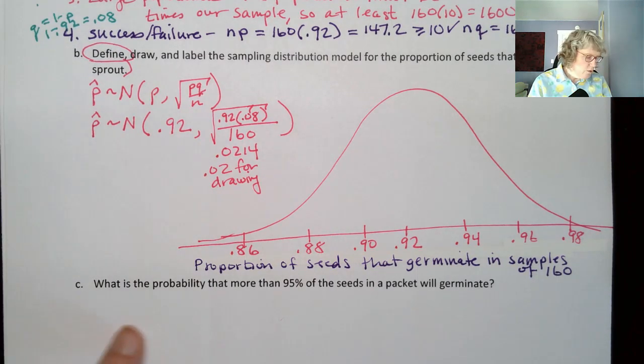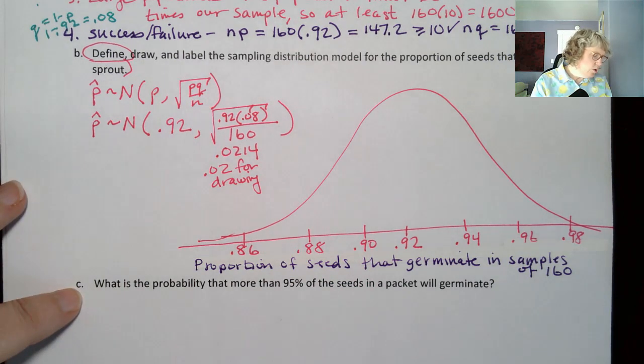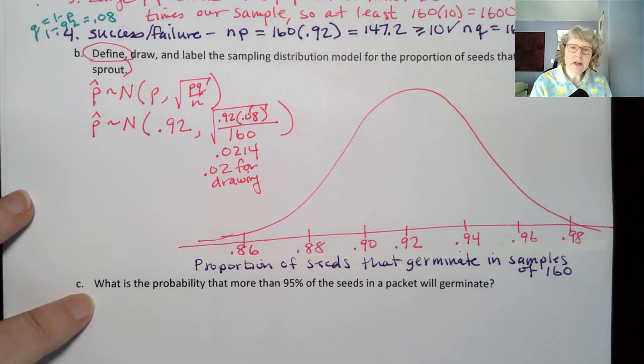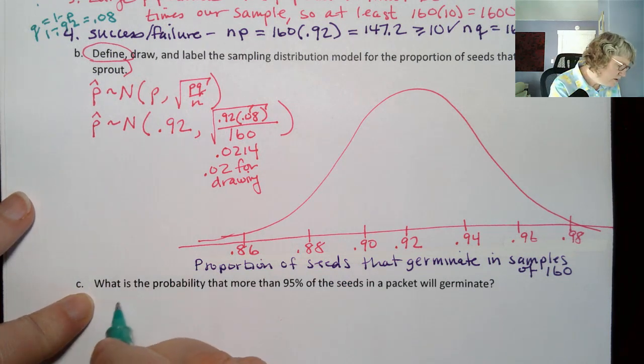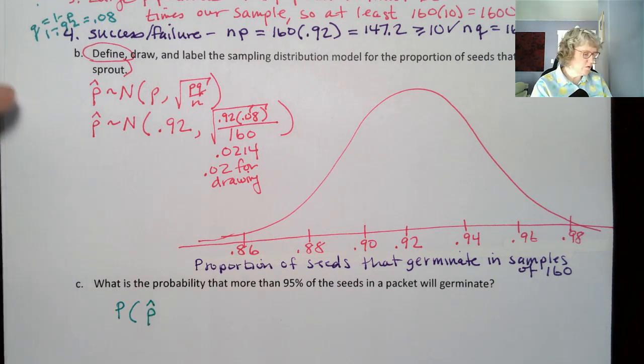Okay, so now we always want to find a probability. We'll be thinking ahead, we'll be getting a p-value, right? Here we want to know, what's the probability that more than 95% of the seeds in a packet will germinate? Now we're talking about p hat, because remember, these are all samples of p hat.